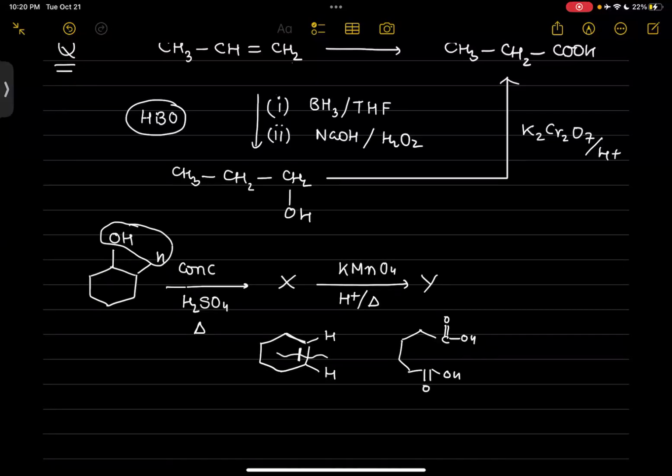So this is hexane-1,6-dioic acid. Common name is adipic acid. It is an ingredient of nylon 6,6. It is used for making nylon.